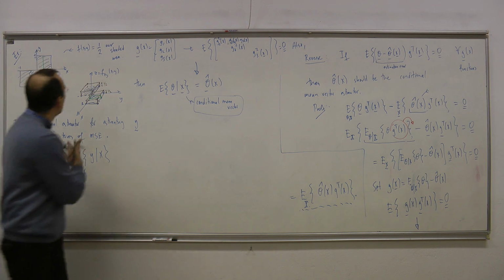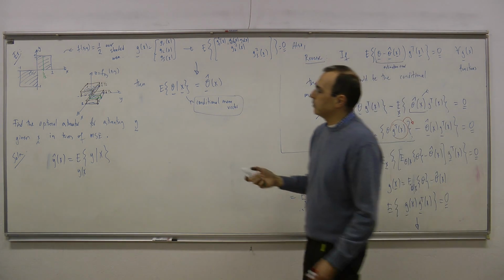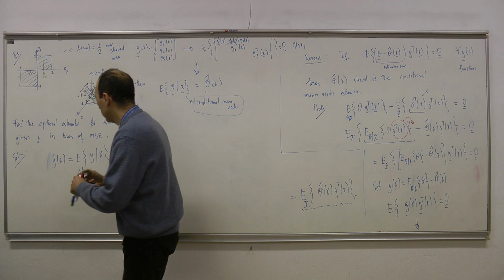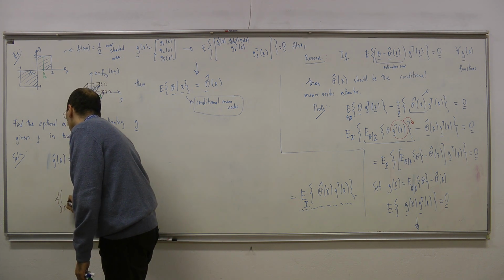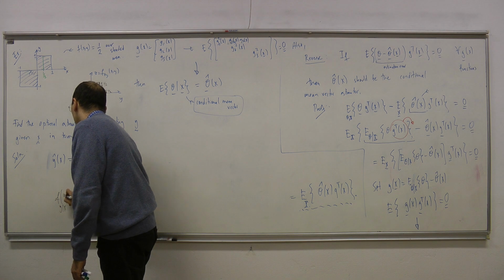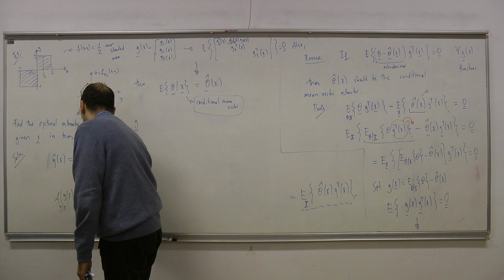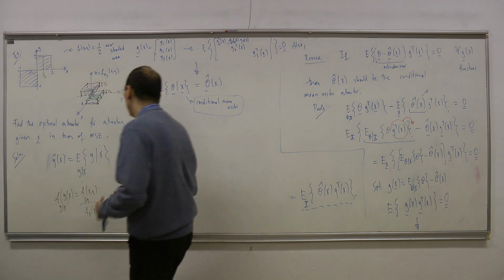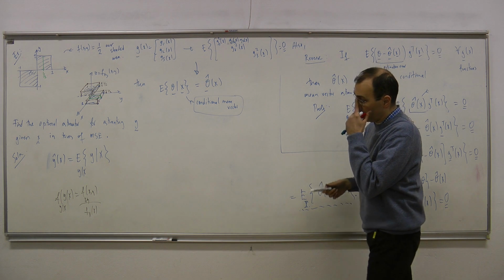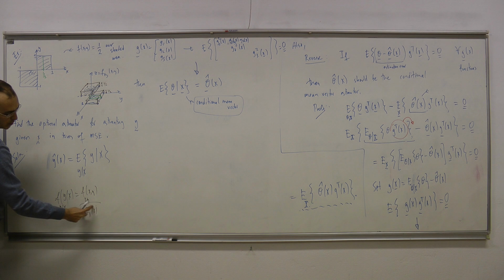We can calculate this if you wish, but I don't want to. Let me write it: I need to calculate y given x, and this is nothing but the joint distribution divided by the marginal distribution of x. For a given x equal to 1/2, this is just a number.